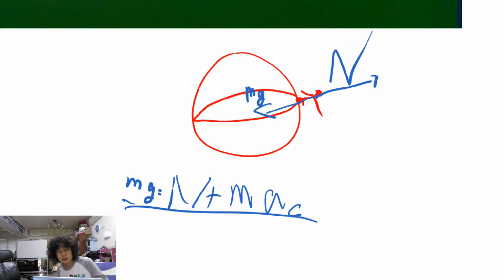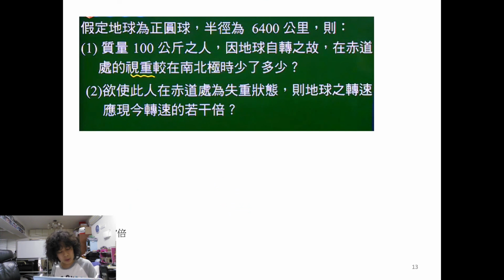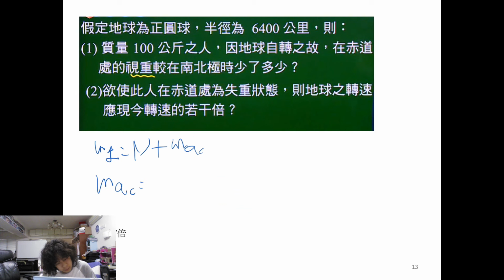Yes, okay. So now you're going to calculate AC. So mg equals N plus m AC, so m AC equals mg minus N.